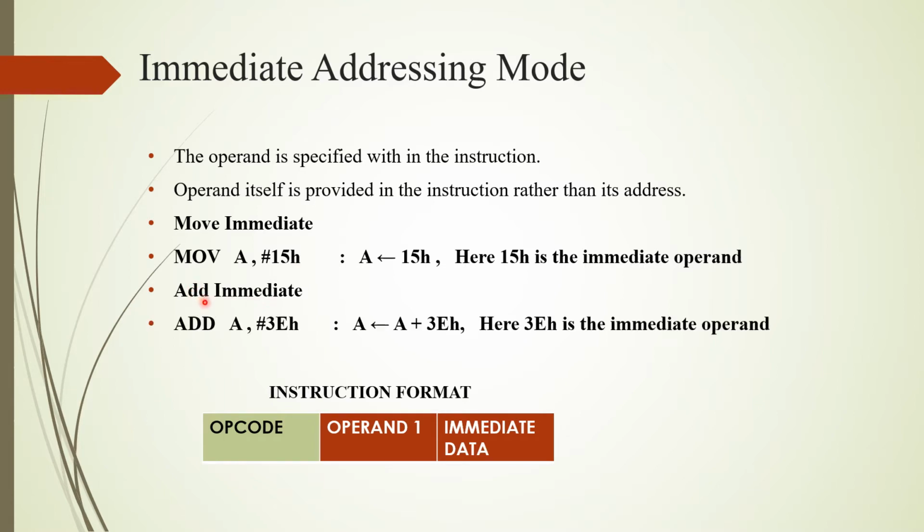Another example, I can take the add immediate instruction. I am using here ADD A, #3EH, where the content of A is added with the immediate data 3EH, and the result is stored back into the register A. Here, as I told, the hash sign indicates the value that is used as an immediate operand.